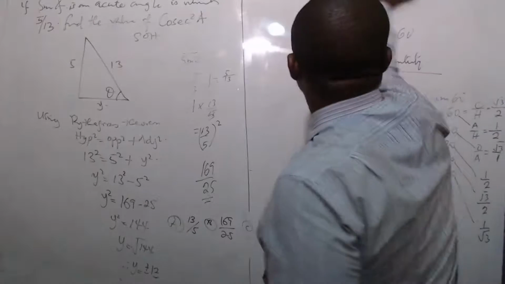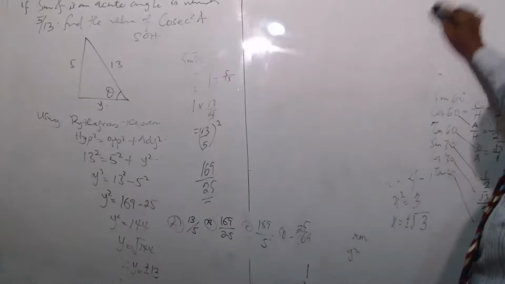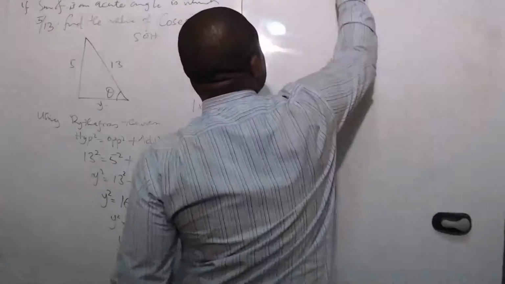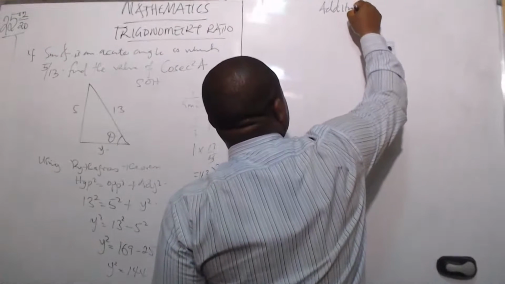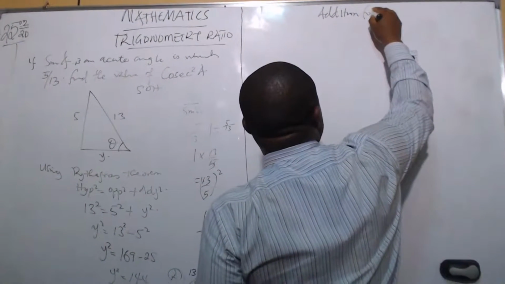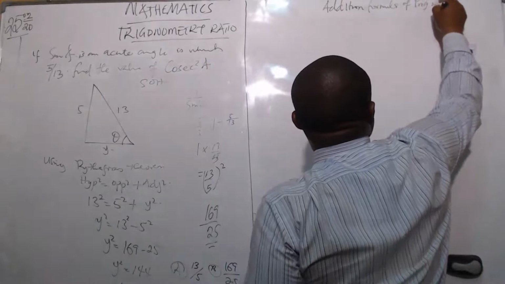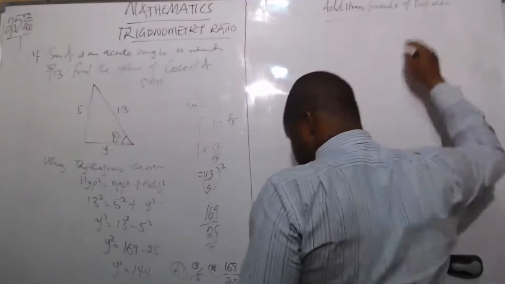Looking at these rules again, it is called the addition formula of trig ratios.